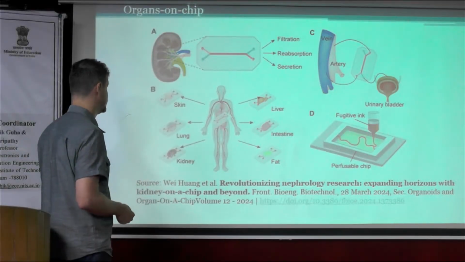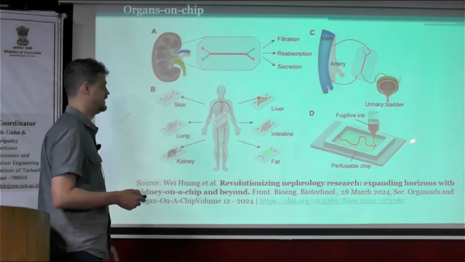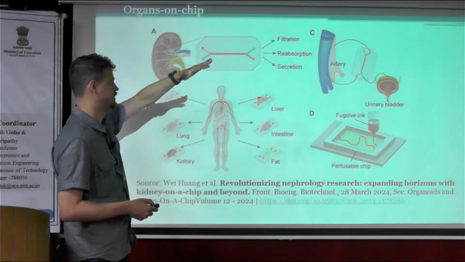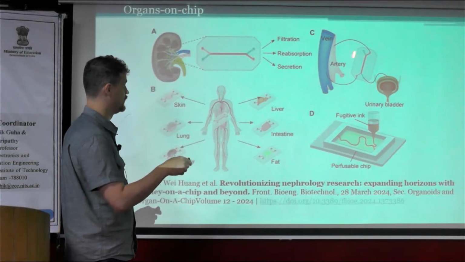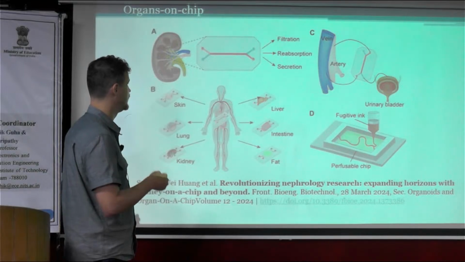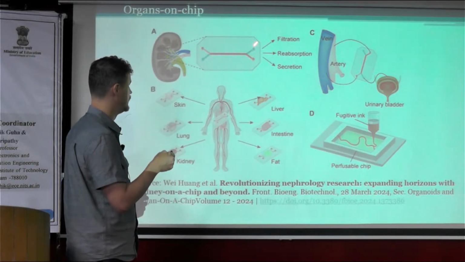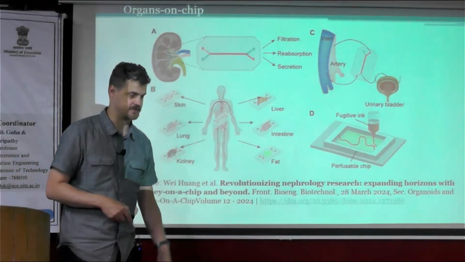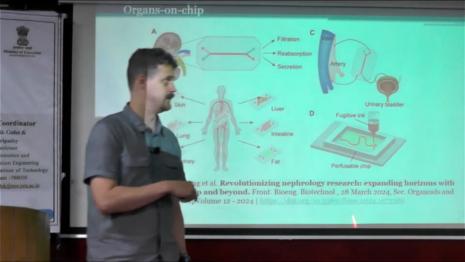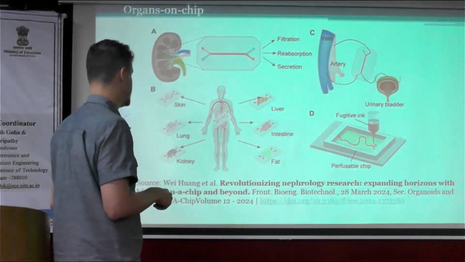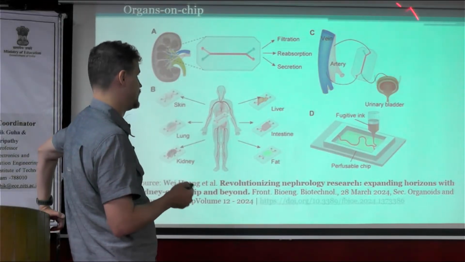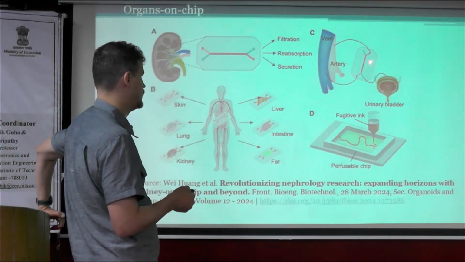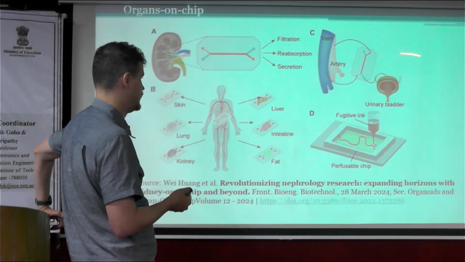The idea is that we create a sandwich type of microfluidic device that has two channels. One channel is for the human blood, and the second channel is for the ultrafiltrate that we acquire through the transmembrane pressure. Then we use this improvised microchip to acquire the ultrafiltrate and send it to the urinary bladder.